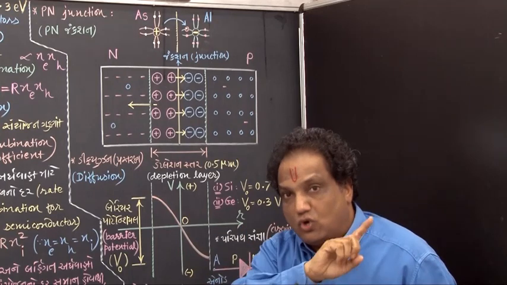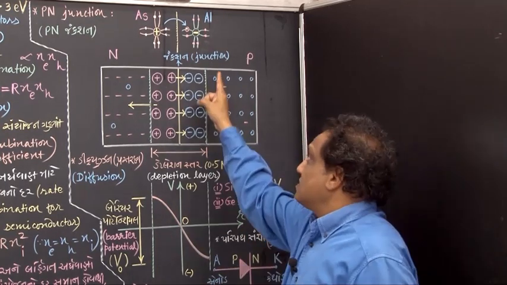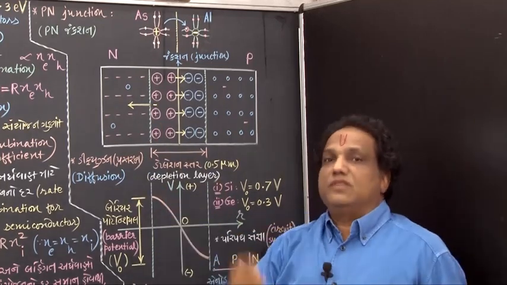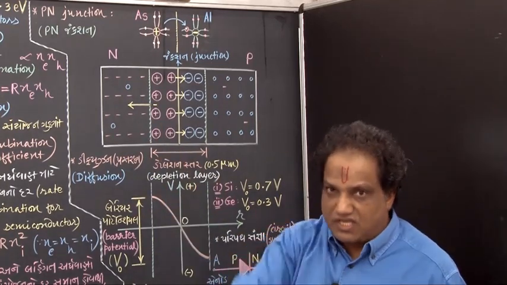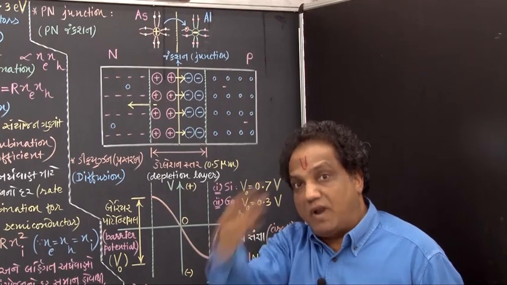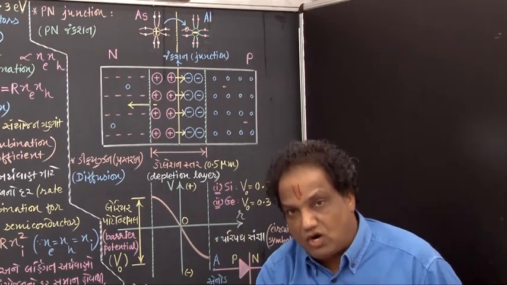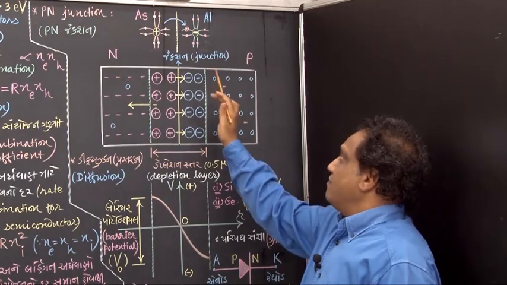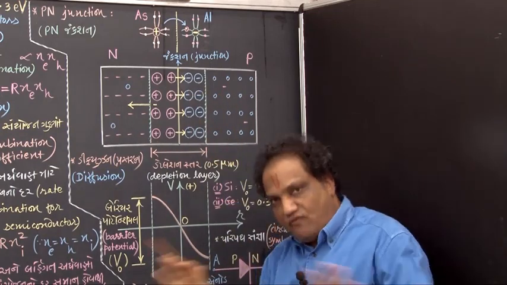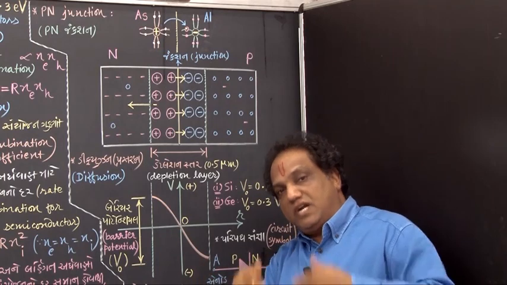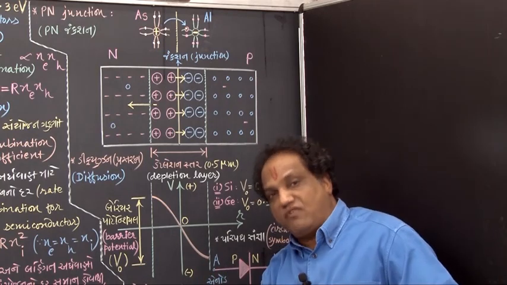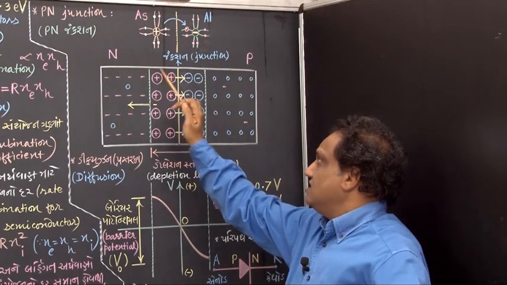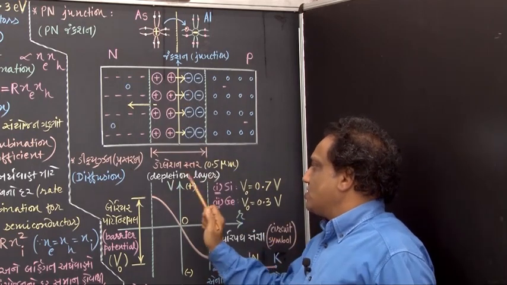In short, this part is devoid of free charge carriers, meaning it has been depleted of, separated from the majority charge carriers of N and P type semiconductor. Such a part in which there are no free charge carriers has been depleted, separated from free mobile charge carriers. That's why we call this region the depletion layer.